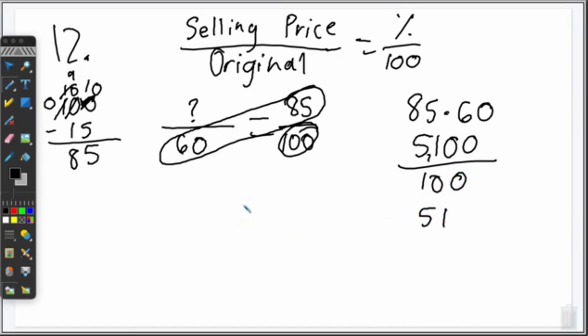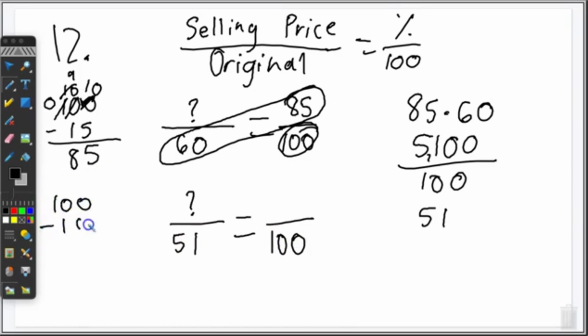But now that we have this, he used a coupon that gave him an additional 10% off. So we still don't know the selling price, but we know the new price with the 10% coupon. So now it's again 100%. So 100 minus 10 is obviously 90. So we'll be paying for 90%.